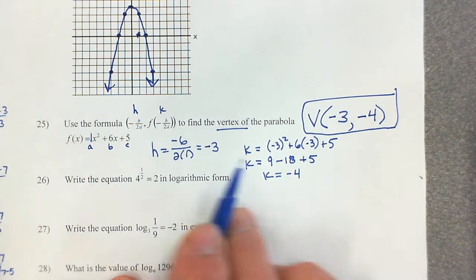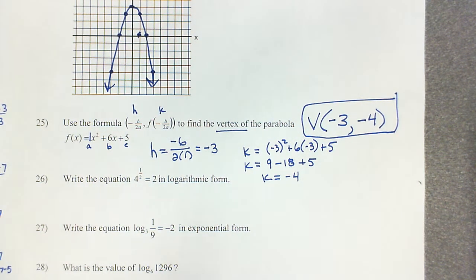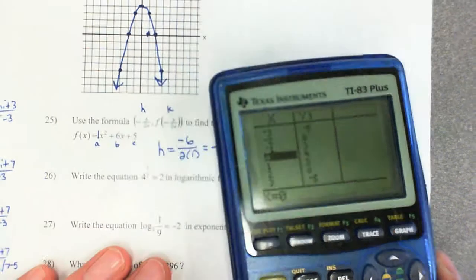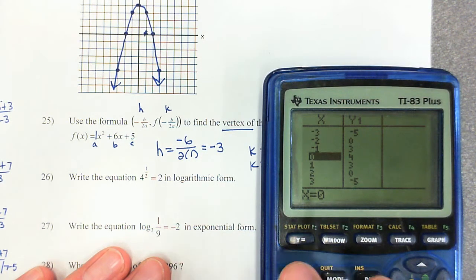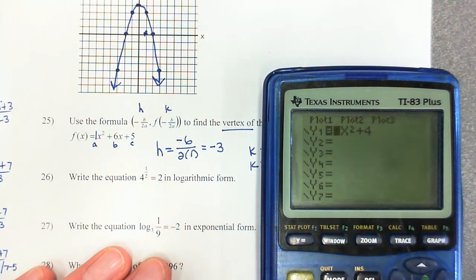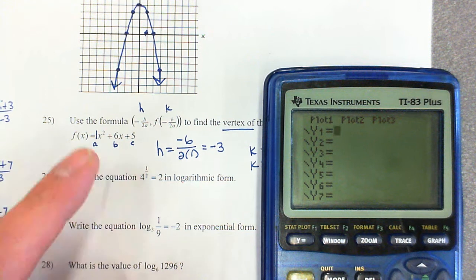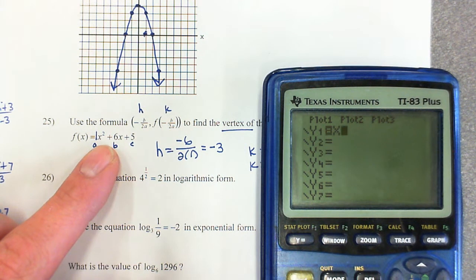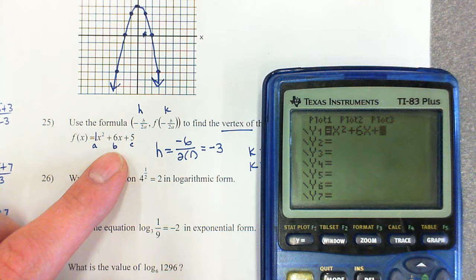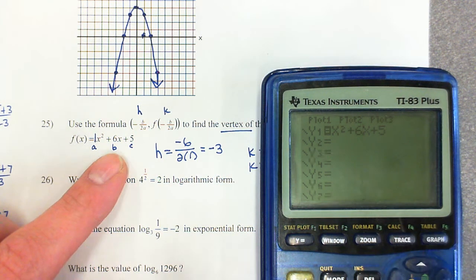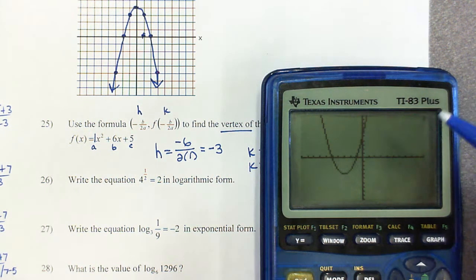Now, if you didn't want to go through all this, how could you find your vertex? Your handy-dandy calculator. So, we could go to y equals, and we could plug in our equation. X squared plus 6x plus 5. Hit graph.